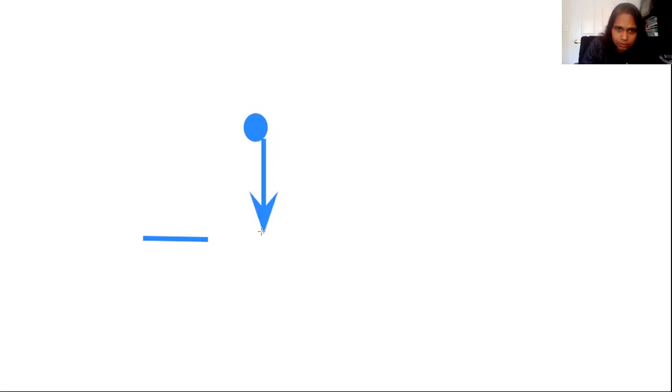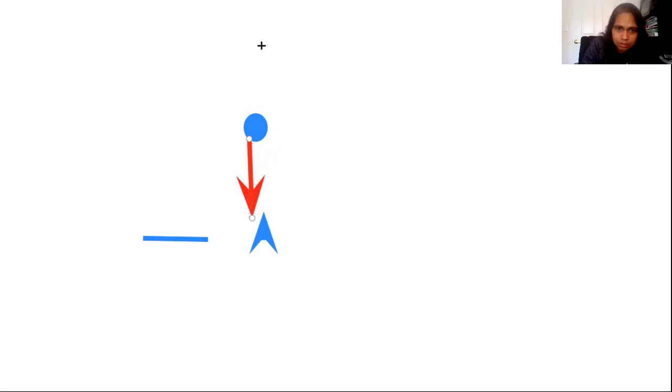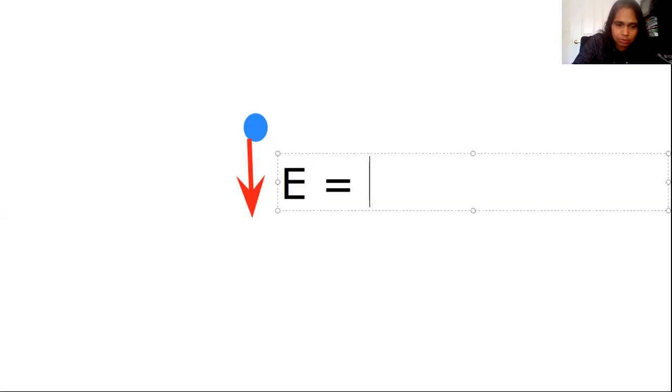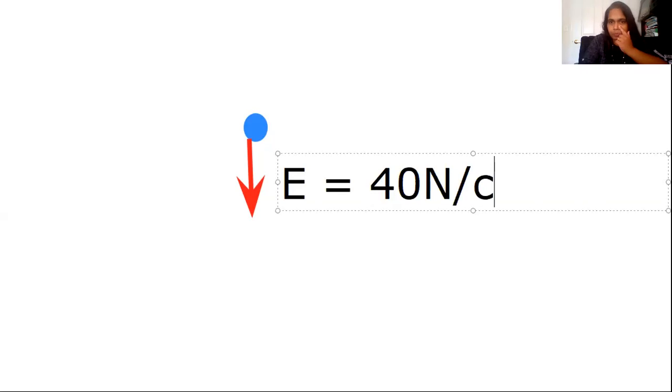So there's an electric field going downward, equal to 40 Newton per Coulomb.